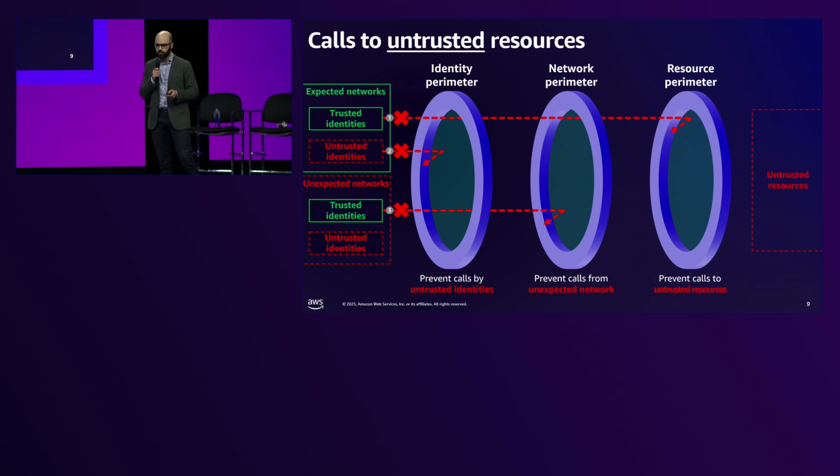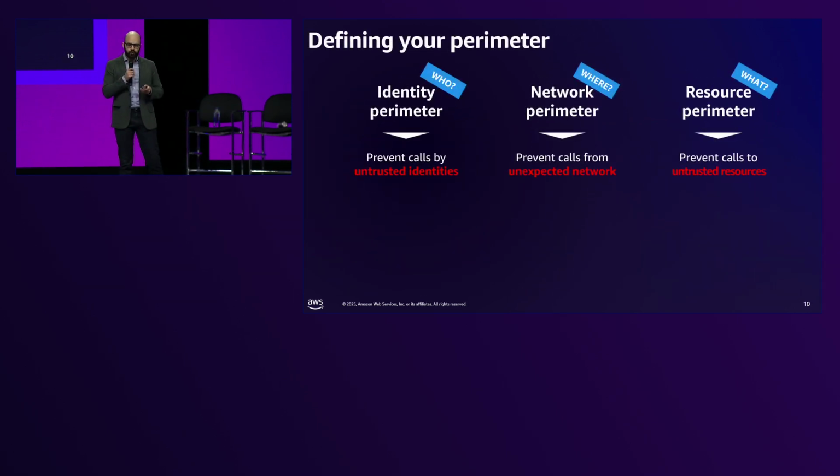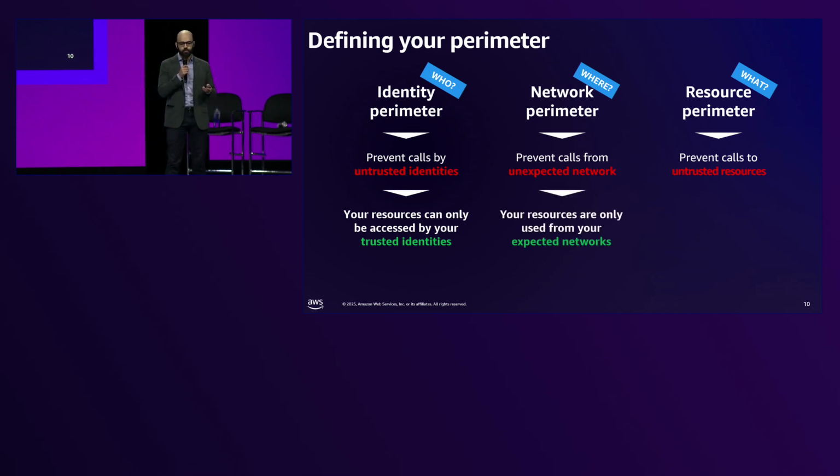So as we have seen together, each type of data perimeter control will help you implement permission guardrails. Identity perimeter controls focus on the who of the access path and help you ensure that your resources can only be accessed by your trusted identities. Network perimeter controls focus on the where of the access path and help you ensure that your resources are only used from expected networks.